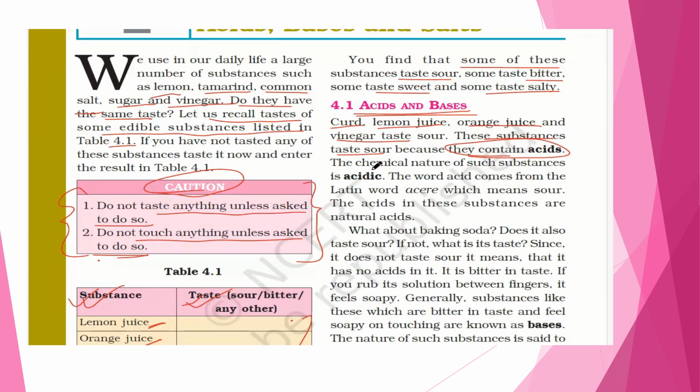So the chemical nature of these substances is acidic, because they are tasting sour. Acid tastes sour. Now the word acid comes from the Latin word acer, which means sour, and these substances have natural acids, right?